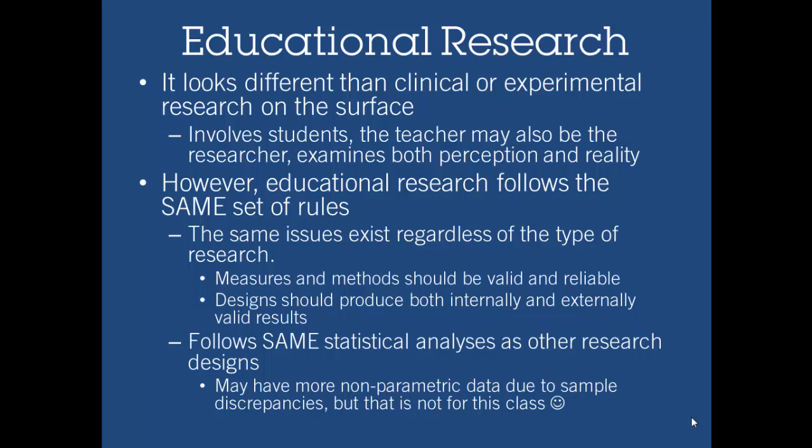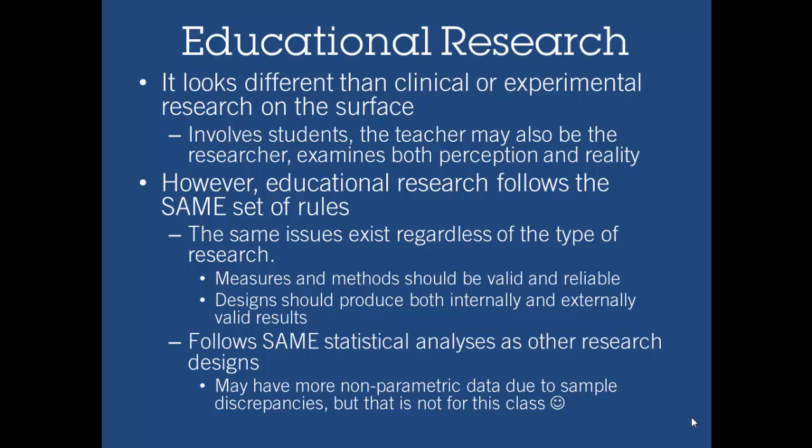And also, educational research follows the exact same statistical analyses as other research designs, whether you use qualitative or quantitative. It's not like there's a special subsection of educational research statistical analyses. You may use a dependent t-test to study the effects of caffeine on vertical jump height, and you can also use a dependent t-test to understand the effects of case studies on student performance on the VOC exam.